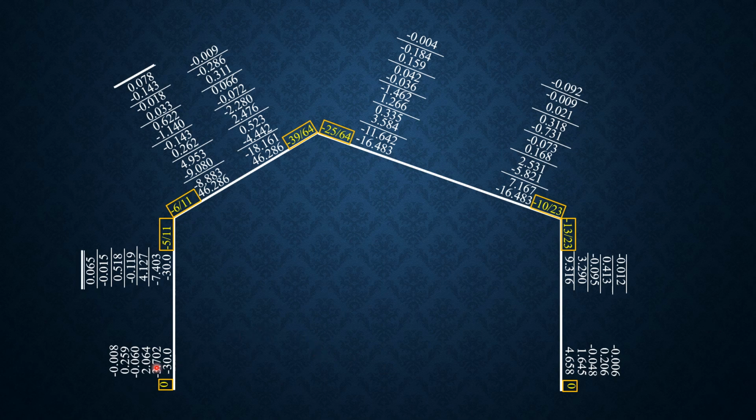So adding the moments in this joint, we have negative 31.415 kilonewton meter. Adding the moments in this joint BA, negative 32.827. So here, positive 32.827. Adding the moments here, 24.42.